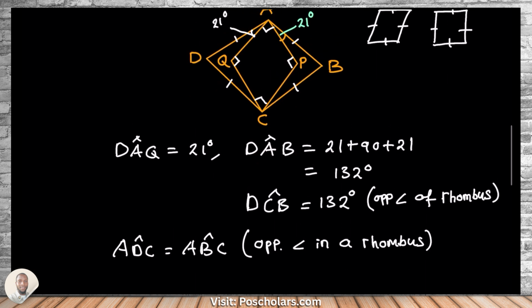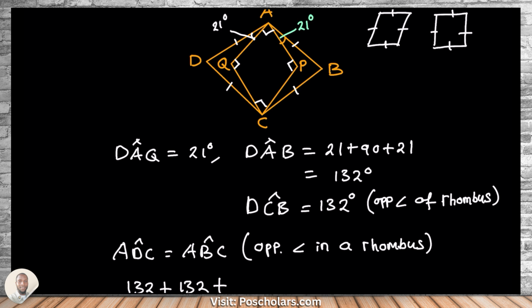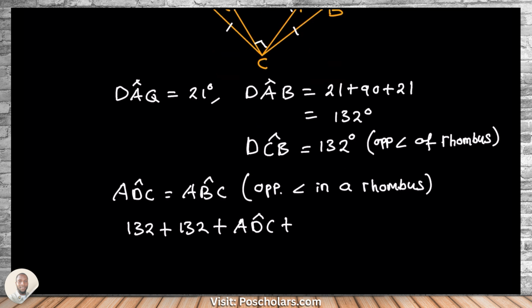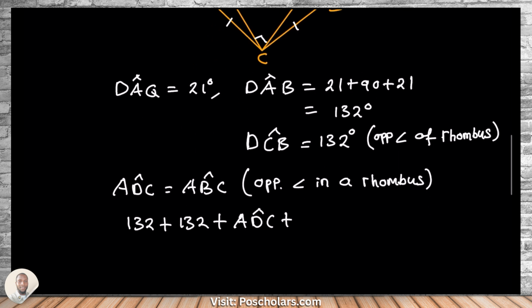We already know this angle is 132 degrees, plus the opposite angle, also 132 degrees, plus this angle, angle ADC, then plus this angle again. Remember, this angle is actually ABC, but we can still represent it as ADC because they are the same. So 132 plus 132 plus ADC plus ADC equals 360 degrees.